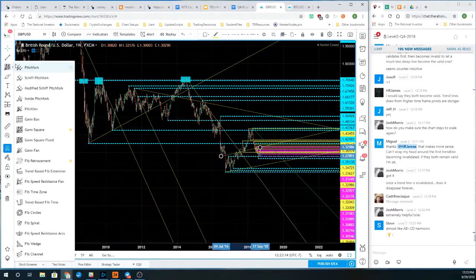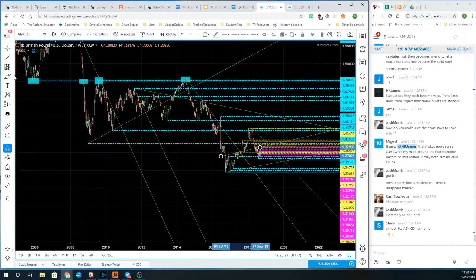I haven't actually done this, and I don't even know if I can do this on TradingView. But there's a whole school of technical analysis that breaks markets down into grids. And it's quite remarkable when you do these trend line studies, how they actually form massive grids on the chart.